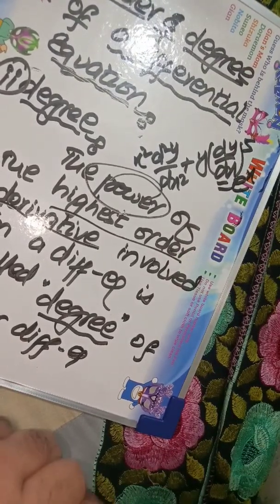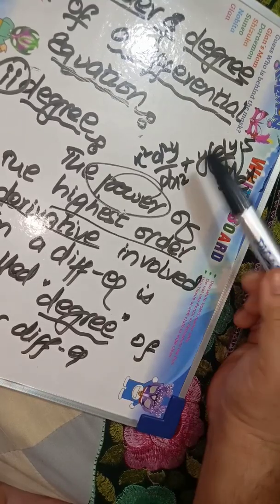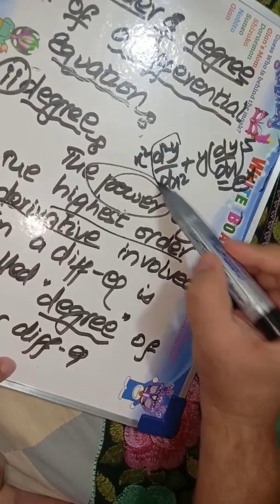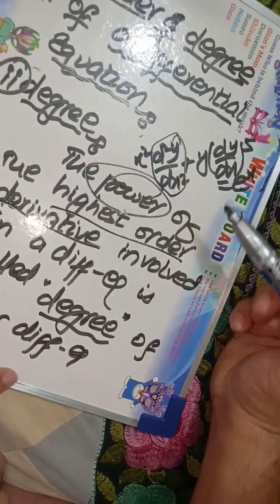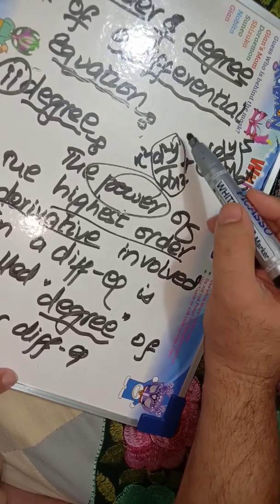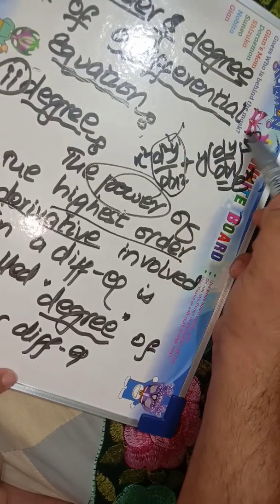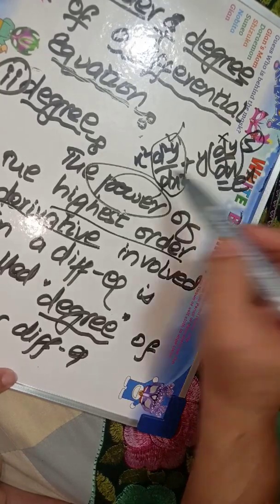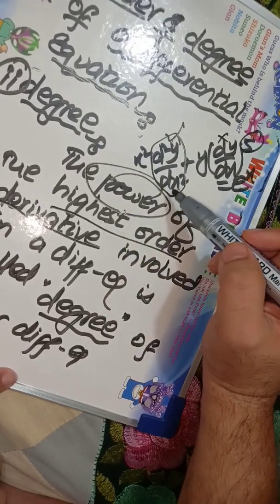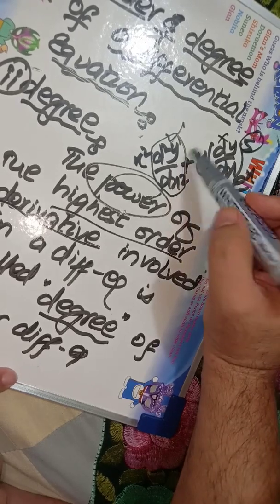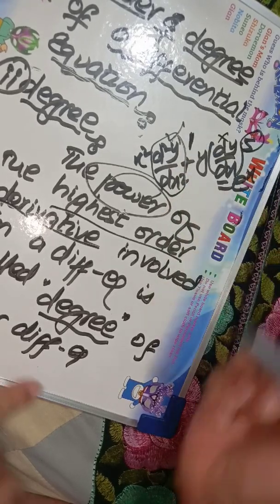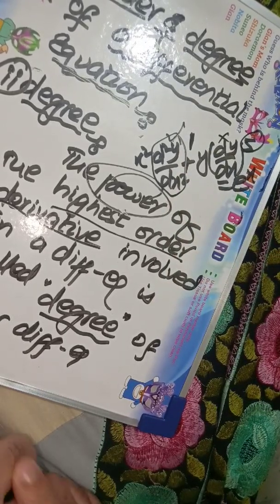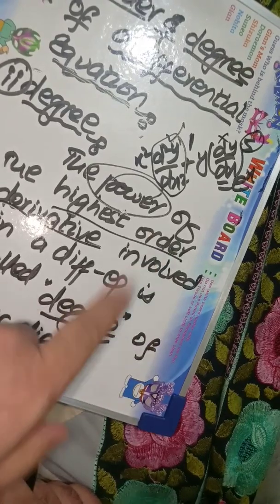So it is an ordinary differential equation. The highest order derivative is d square y by dx square. So I must look at the power of this highest order derivative, not this one, because it is not the highest order derivative involved in the differential equation. This is the highest order derivative involved in a differential equation, and its power is 1. So you must say that the degree of this differential equation is 1.